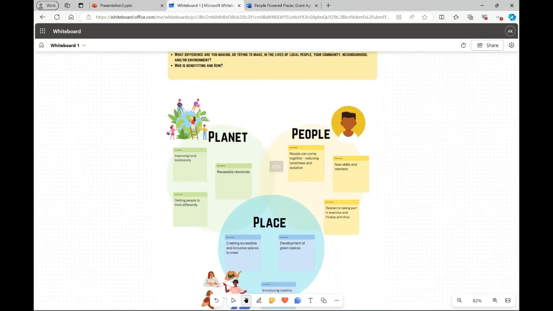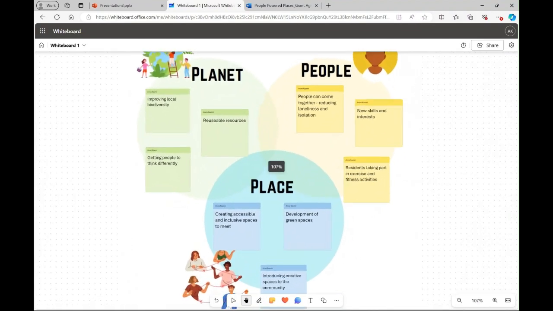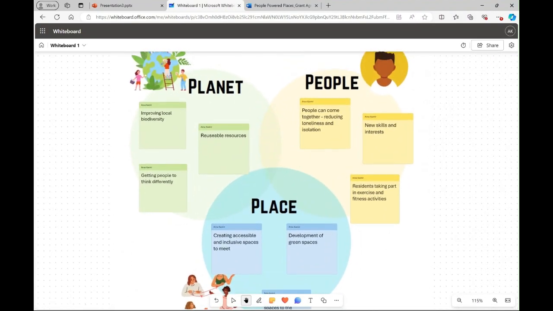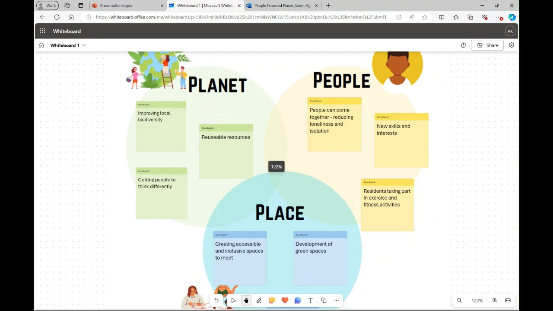There are three lenses to really understand this, and here are some of the examples that we spoke about during the table discussions. Firstly, when you're thinking about planet and environment, some of the things that we were talking about were improving local biodiversity. That's particularly true for projects focused on greening the local area that they're working in.